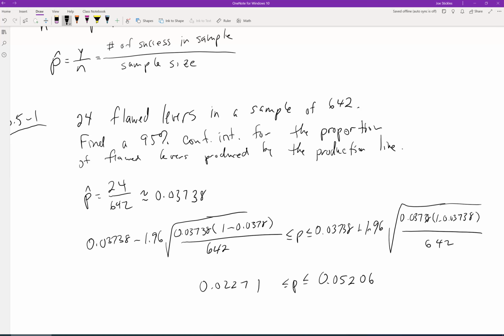This one literally is just a matter of plugging the things into the formula. This one's not bad. This okay?